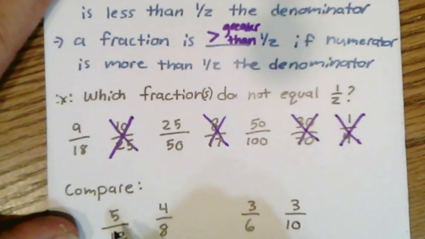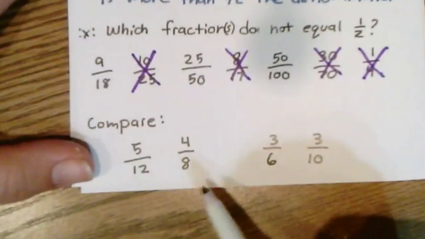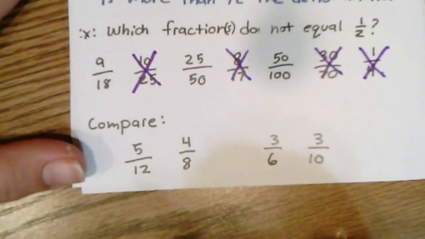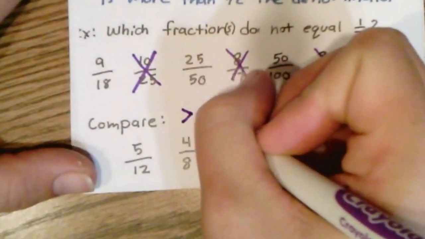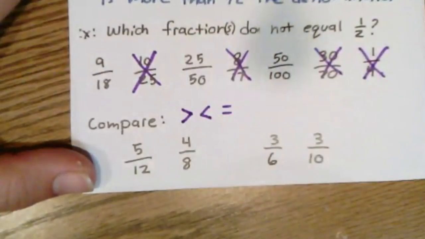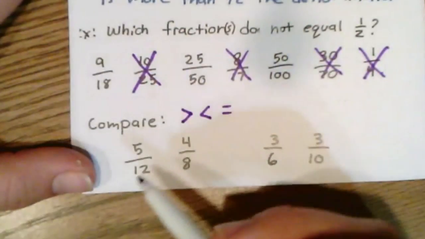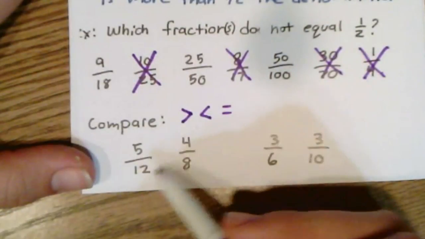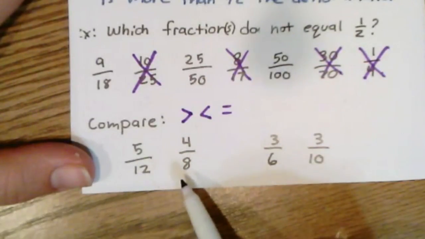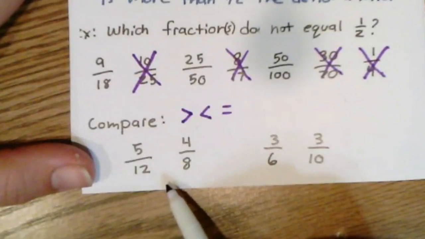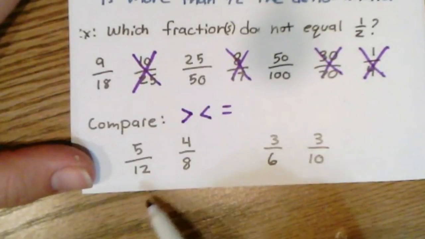Okay. Now, compare. This is the next type of question you might have, where it asks us to compare. And we're going to compare using the symbols greater than, less than, or equal to. So 5/12 and 4/8. To really compare them, I'd have to give them the same denominator. But because we just learned about halves, I can use that to help us.